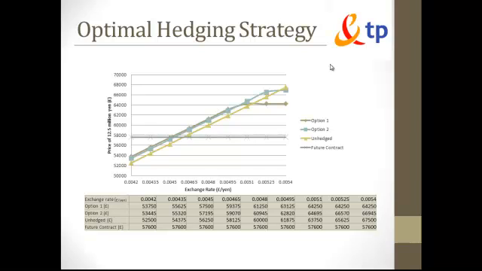And then you see your 2 options, which you can see the very slight difference between option 1 and option 2 due to the higher premium of option 1 because of the lower strike price than option 2.